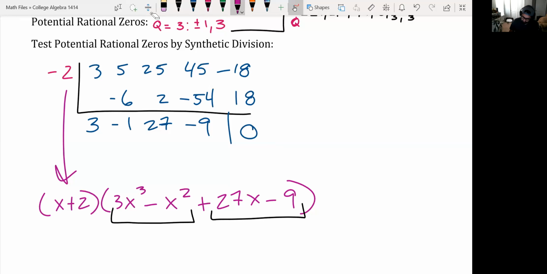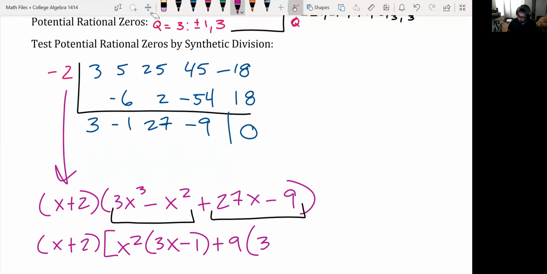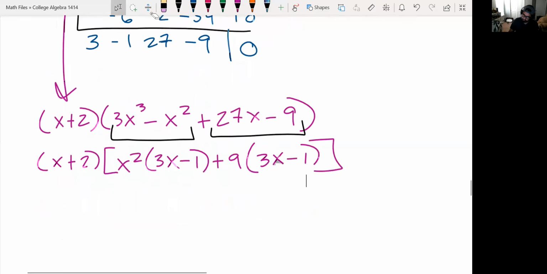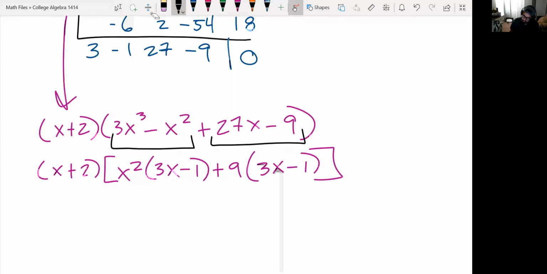Put those together, and you get x plus 2. Take an x squared out, you get 3x minus 1. Over here, take a 9 out, and you get 3x minus 1. Hey, and grouping worked.